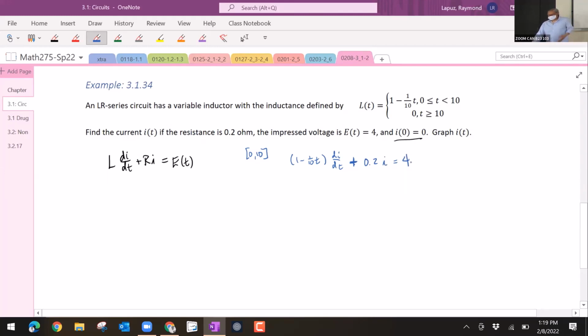All right, here's our differential equation. If you're looking at I as your dependent variable, this is a linear differential equation. We usually like to see our linear differential equation in normal form or standard form without this thing here. I think if we rewrite this expression 1 minus 1/10 t as (10 minus t) divided by 10, it might be easier to work with.